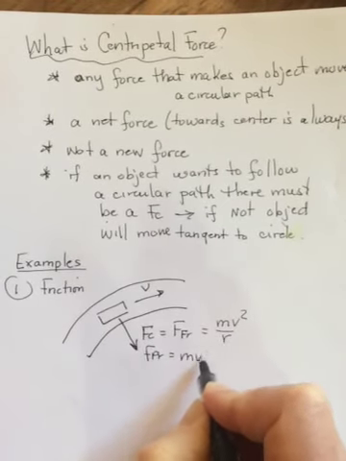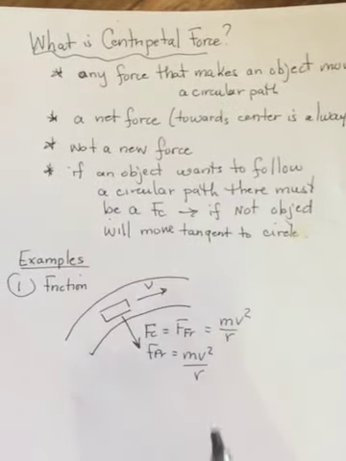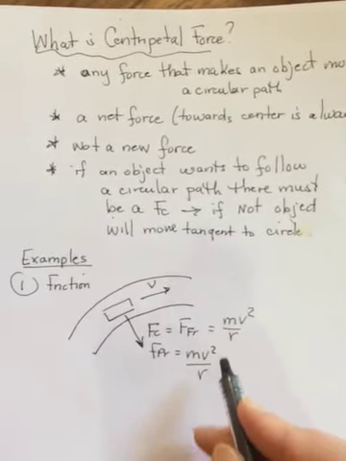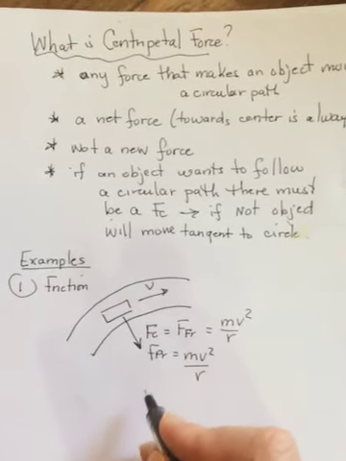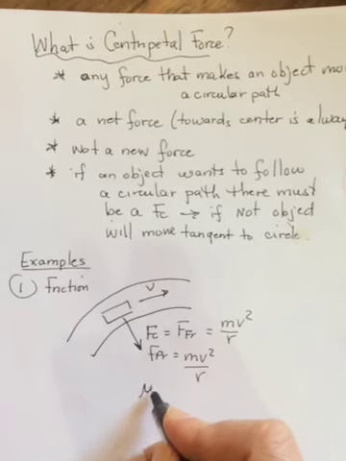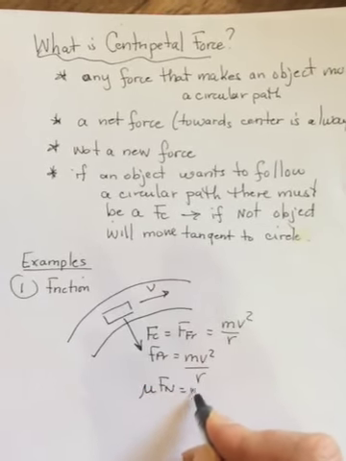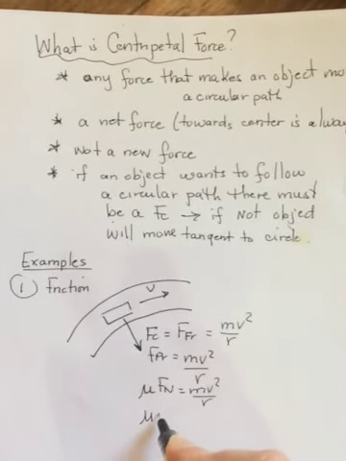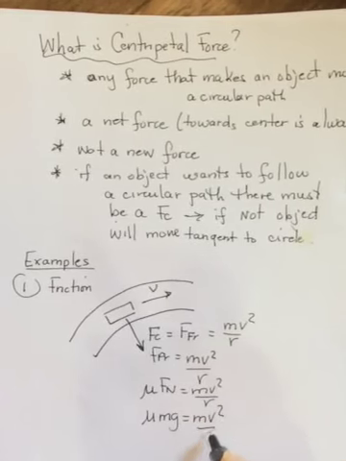So the force of friction that you're depending on has to be equal to mv squared over r. On any given morning, the mass and the radius are not changing. And remember, if this is a level curve, then friction is mu Fn, which is mu mg, equal to mv squared over r.